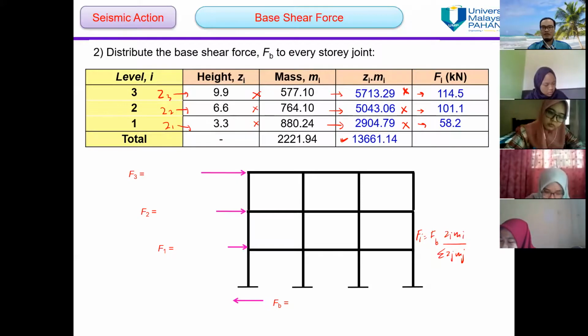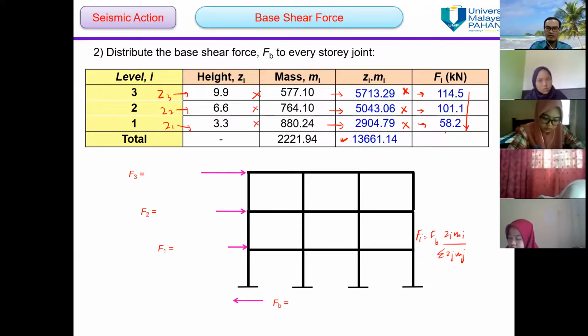Okay, good. Then you sum up the total, and it must be equal to Fb, which is 273.9, as a check.